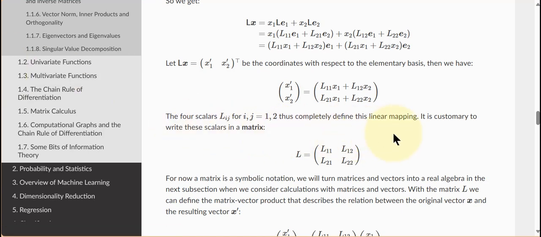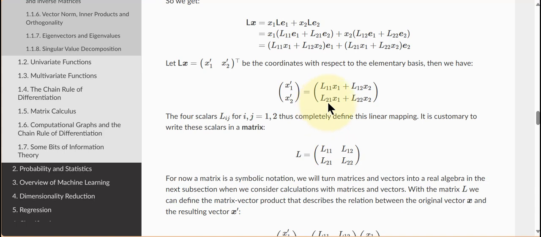And then they say it's customary to write these scalars, L11, L12, and so on, in a matrix. So L11, we could put it here. L12, we could put it here. L21, we could put it here. And now you can see why they use this notation, because this works perfectly with how we usually write the indices for the elements of a matrix.